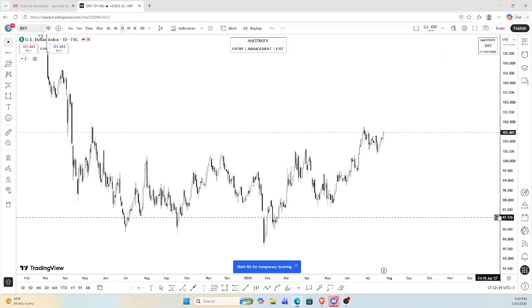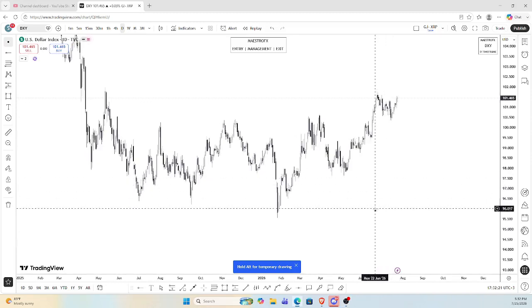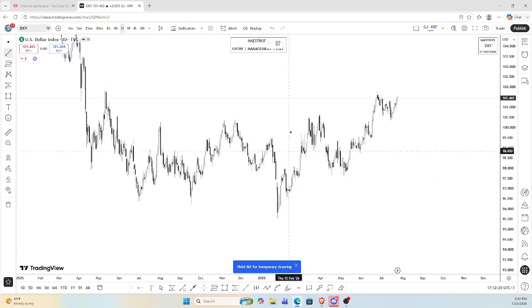As usual, we're going to start with the dollar index from the higher time frame. This is what we're looking at on the daily time frame.